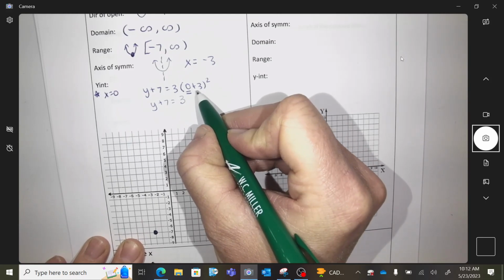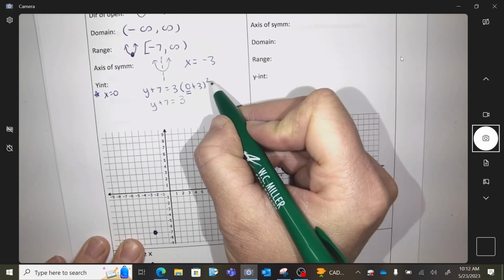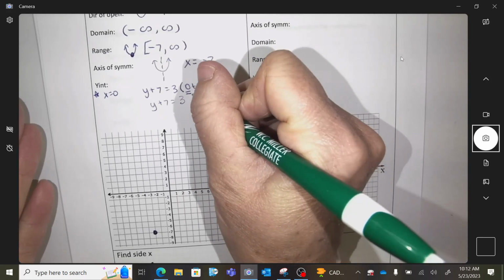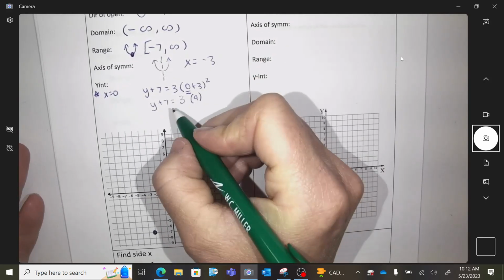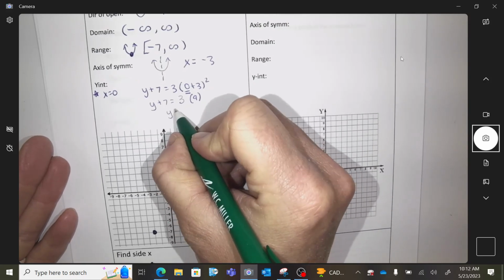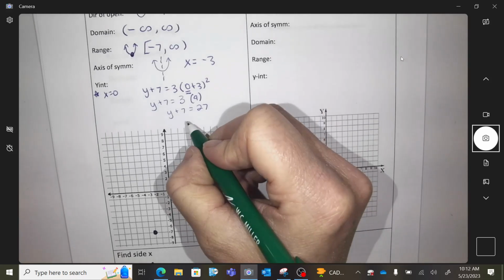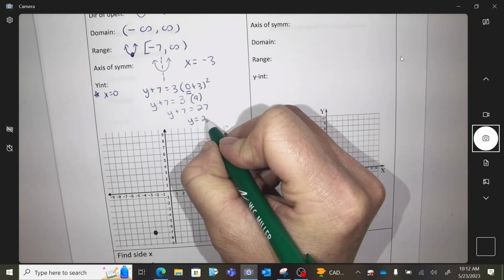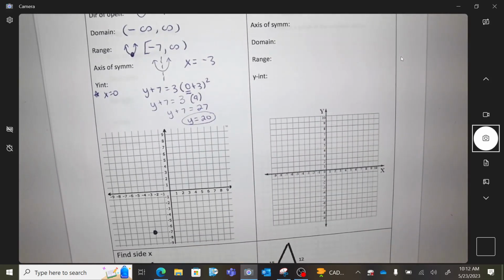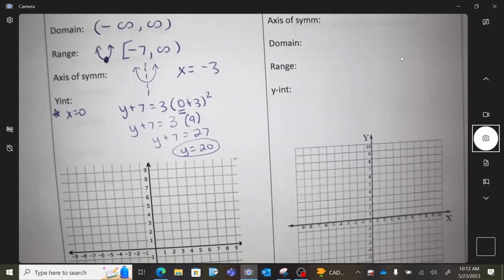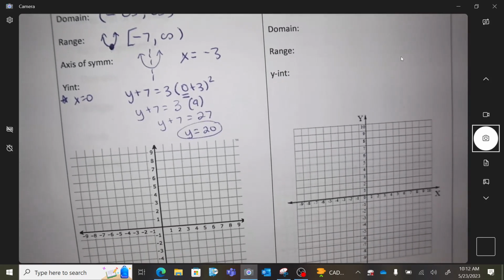So 0 plus 3 is 3 squared, so BEDMAS. I did the brackets, 3, I did the exponent, 3 squared is 9. 3 times 9 is 27. And then I would still have to get rid of the 7 as well.